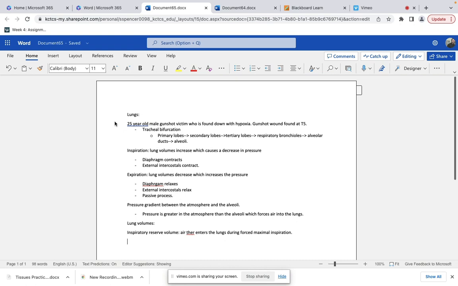Knowing the difference between type 1 and type 2 alveoli. Type 2 alveoli secrete surfactant. Surfactant is responsible for decreasing the surface tension and therefore preventing airway collapse.